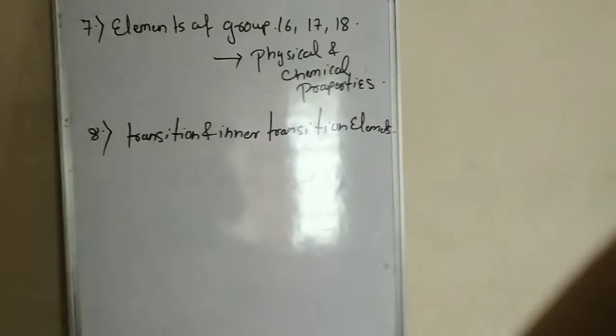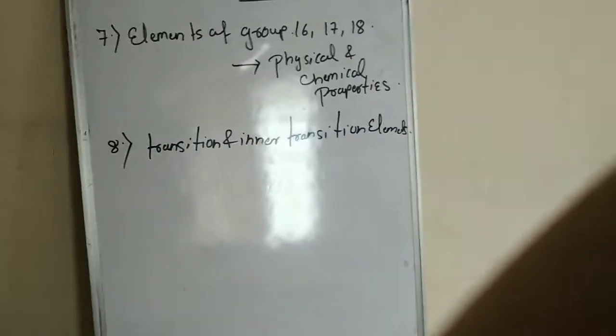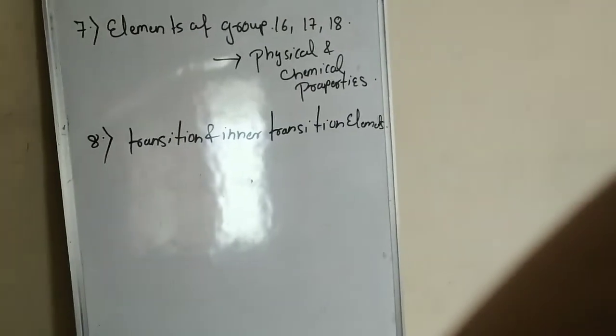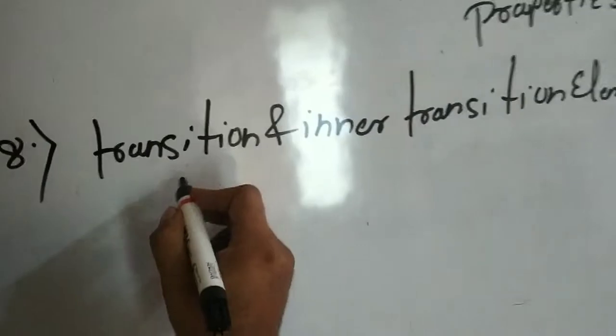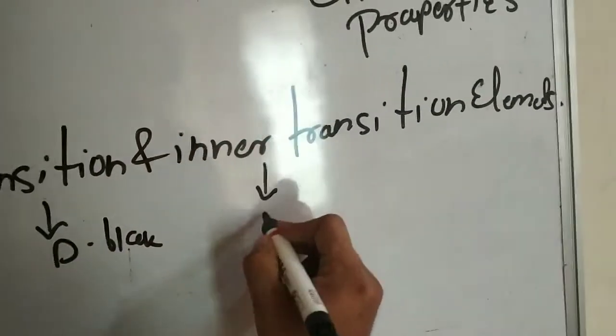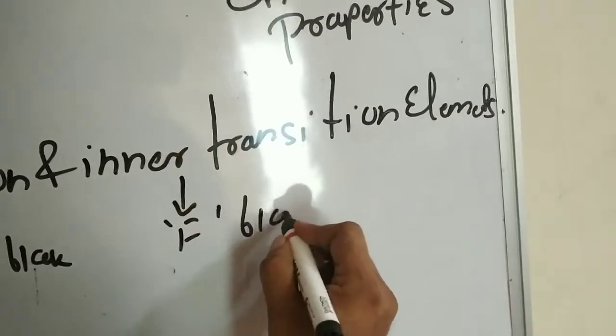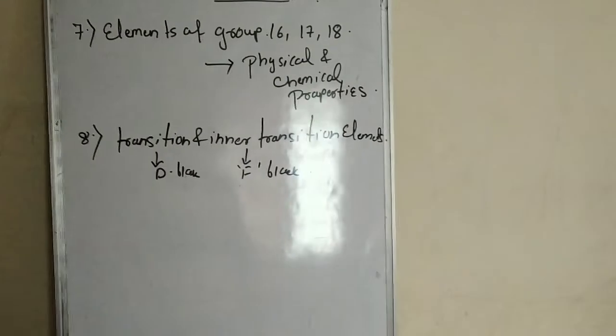All the D block elements are also called transition elements, and inner transition elements are those elements which belong to the F block. Those are called the inner transition elements. So here we can say transition are D block and inner transition are F block elements, right? So this is what we are going to learn in this chapter.